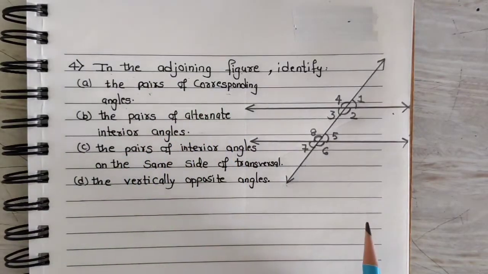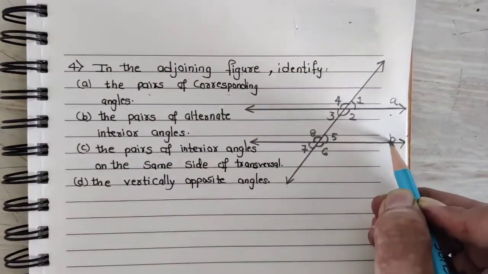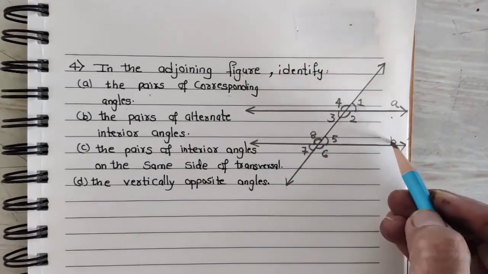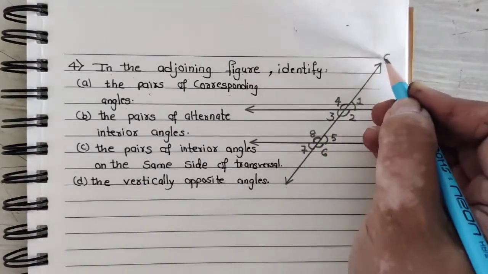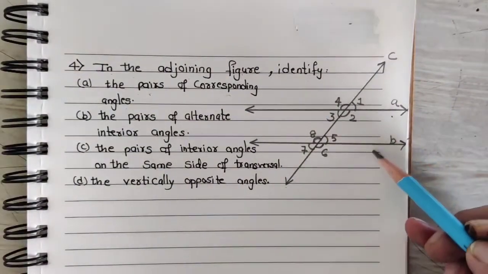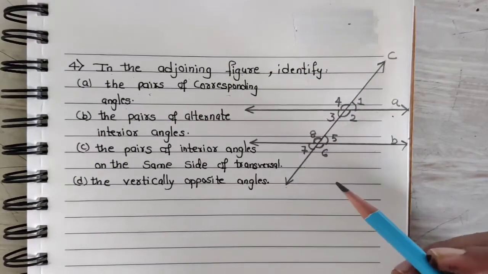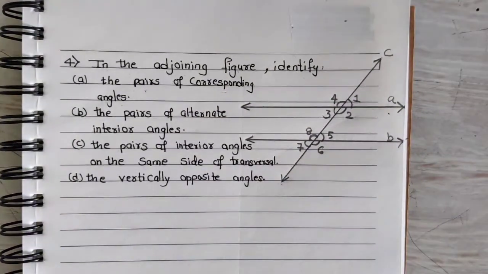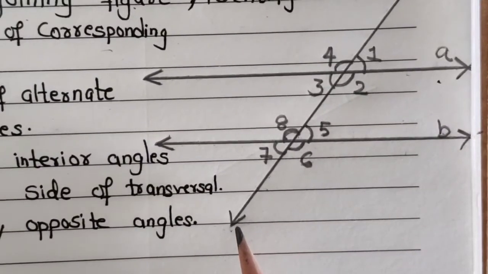If you remember the corresponding angles, here line A is parallel to line B, and the line intersecting both of them is called the transversal, line C. Corresponding angles only change the line, but the position is the same.